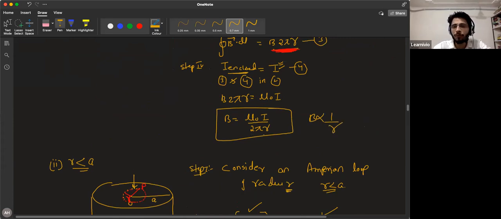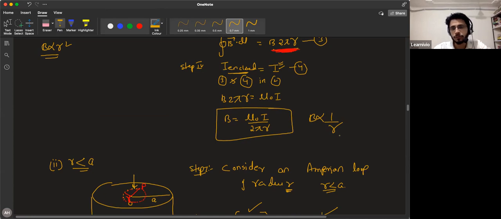So what is the shape of the graph? If I draw the graph outside the conductor, what will be the shape of the graph? Parabola? Not parabola. We get parabola if B is proportional to r square. But it's inversely proportional. What is the shape of the graph?